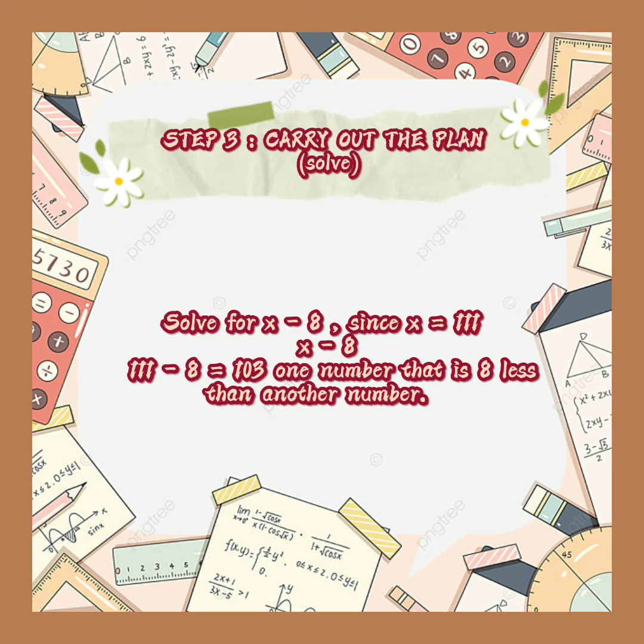And then we will solve for x minus 8, since x equals 111. So copy x minus 8, and then we will have 111 minus 8 equals 103. So 103 is one number that is 8 less than another number.